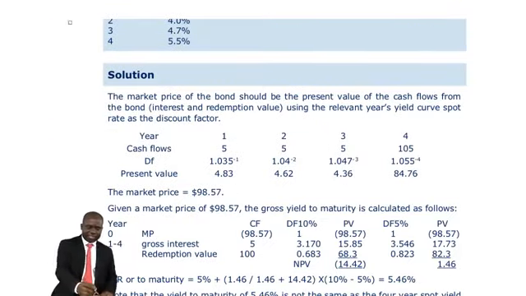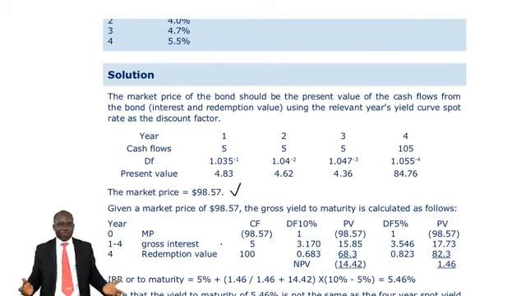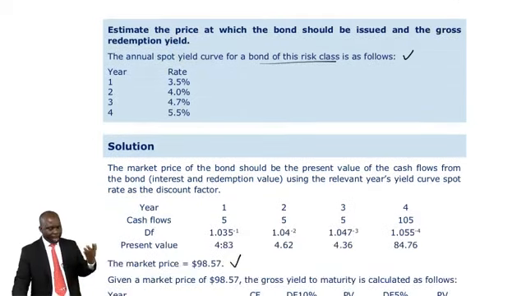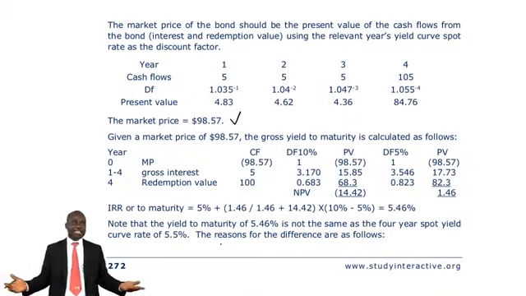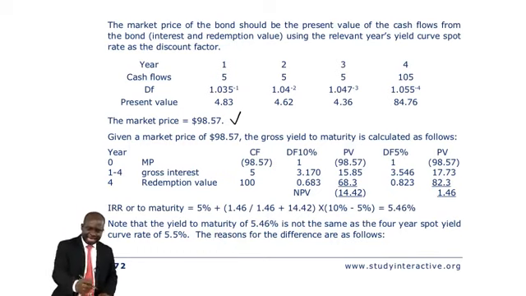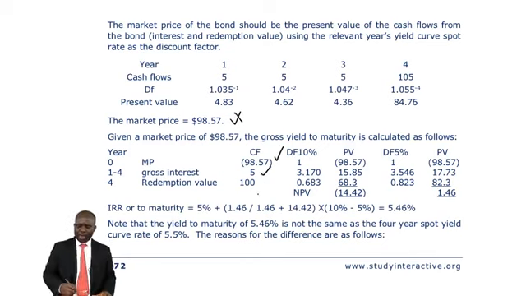Okay, so that is why they gave this figure here for you. And then the question is also telling me to calculate the cost of the debt, the average cost of the debt. That's why they said gross redemption yield. My gross redemption yield is the internal rate of return. To get the internal rate of return, I need the market price in year 0. That is what we've calculated here. Year 1 to year 4, I will get my gross interest. And then in year 4, I will get the redemption value.